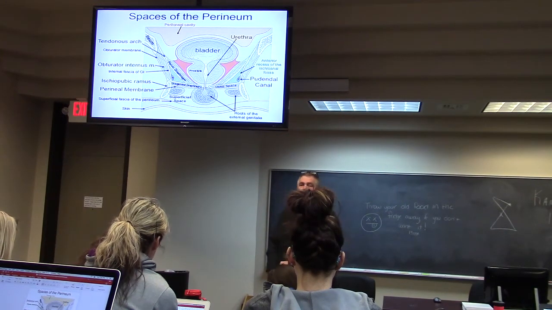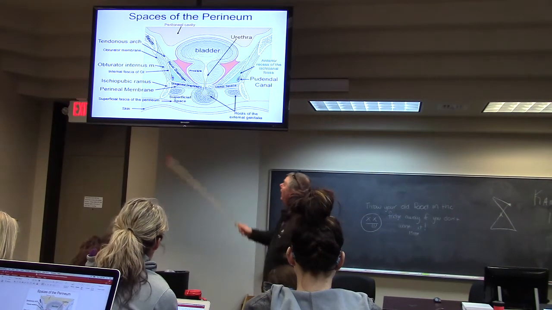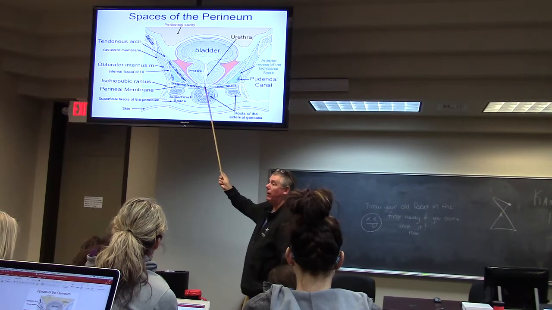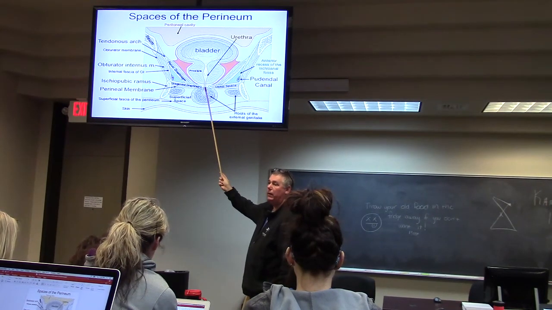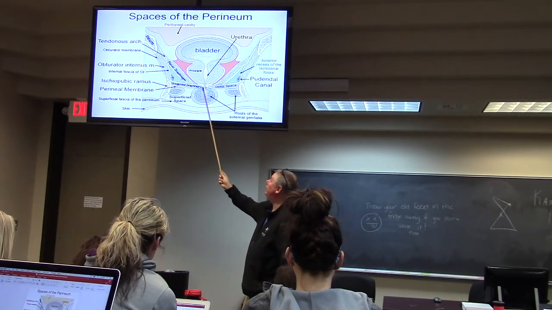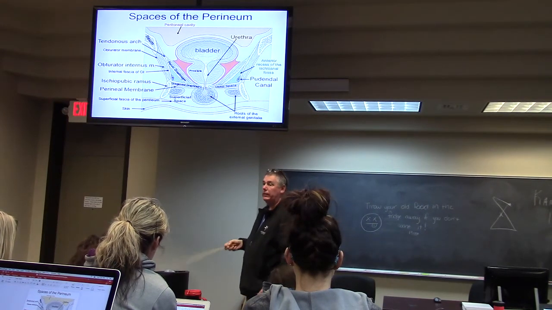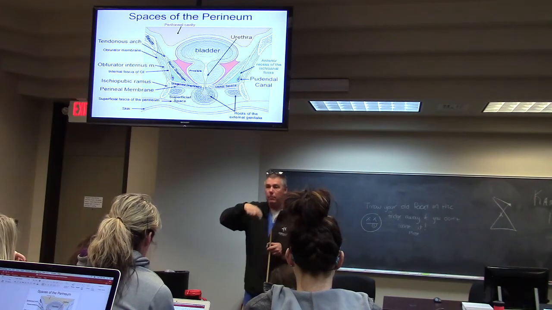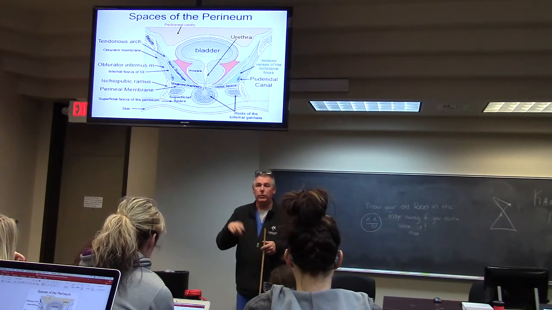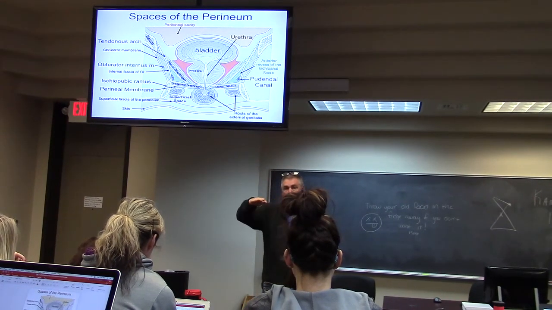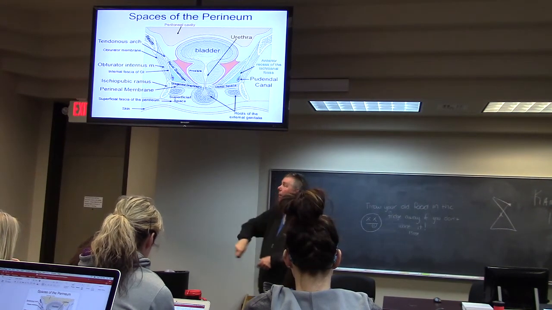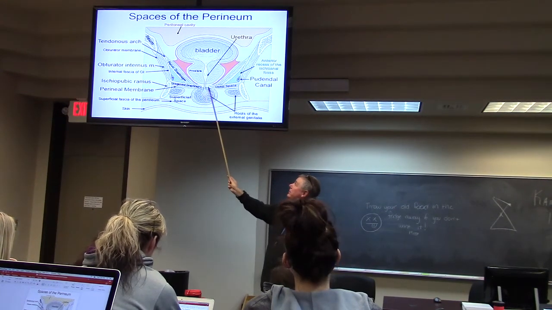Now there's another muscle that runs right there with it, and that wraps around the urethra. It's called the sphincter urethrae. So you see this little gap right here between the two sides? That hole in there is occupied by a round muscle. You'll see this later on. So there are two things right there on the same plane: one is the deep transverse perineus muscle, and the other is the sphincter urethrae.